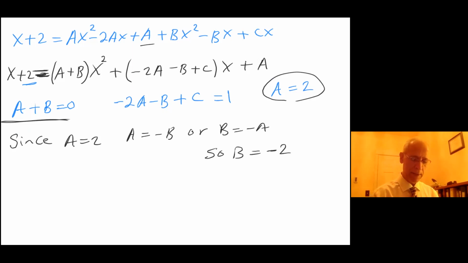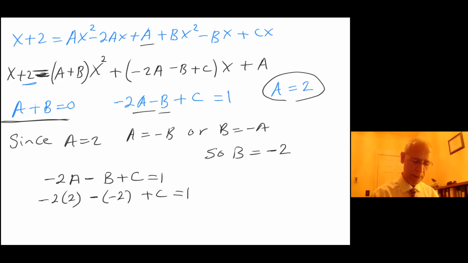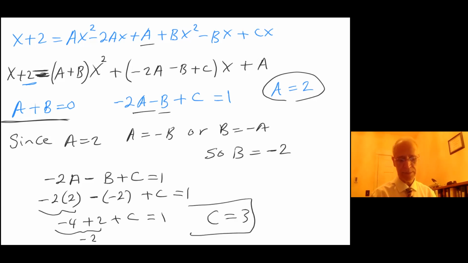And I can plug in the A and B in here and find out C. So minus 2A minus B plus C equals 1: minus 2 times 2 minus negative 2 plus C equals 1. So this is minus 4, this is a plus 2, plus C equals 1. This gives me negative 2, adding 2 to both sides, and so C equals 3.